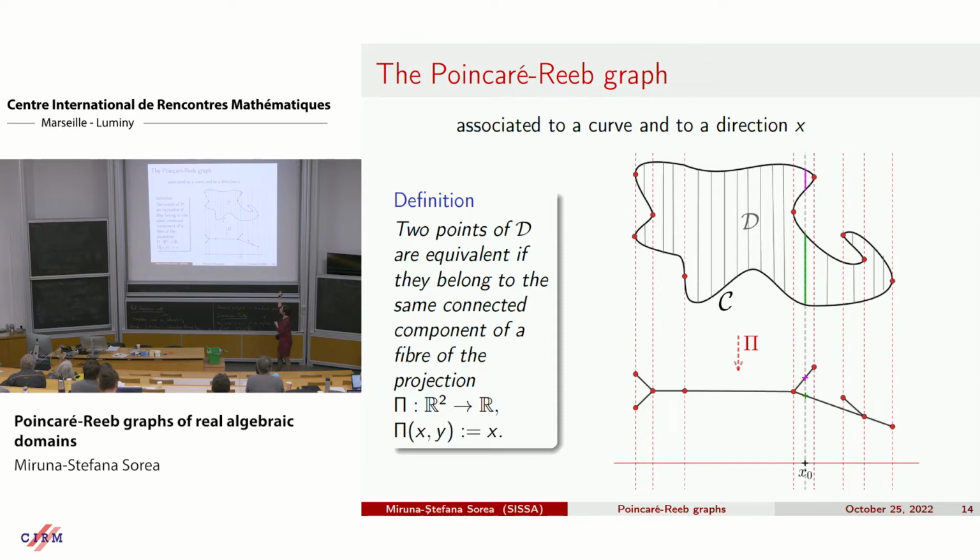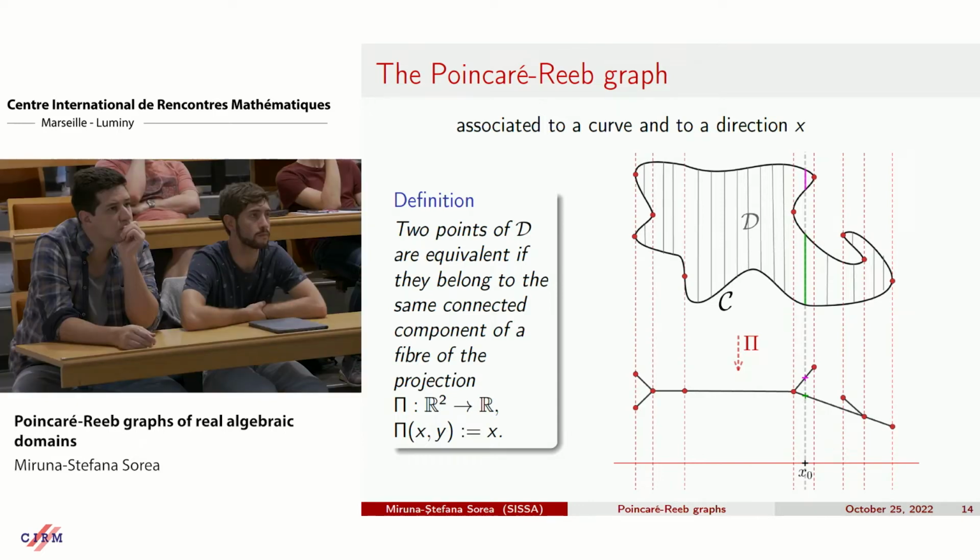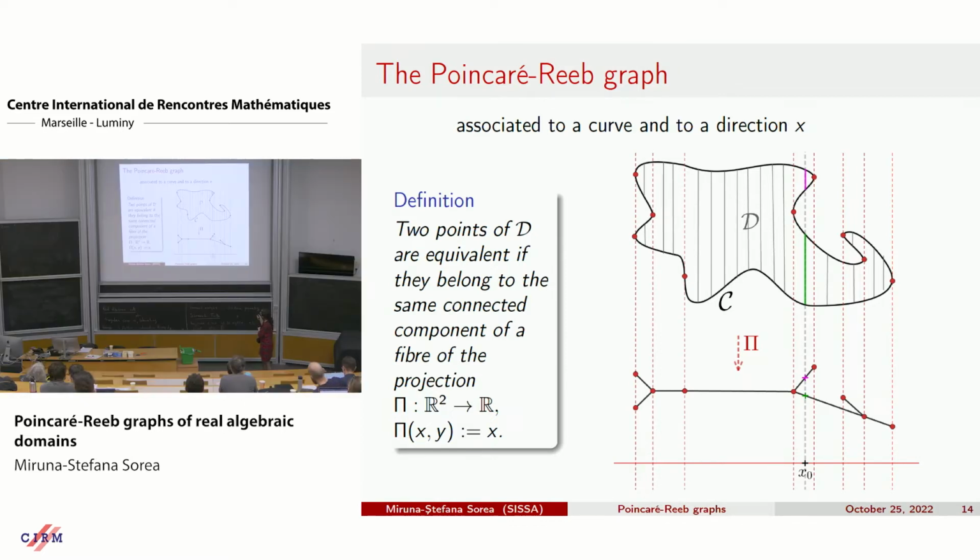If you have here the curve and the disk bounded by this curve, consider this projection, and then take a point x0 on the real axis, and look at its pre-image inside the disk via this projection. In this case, it is a union of this green vertical segment and the pink one. So what we do now is pass to the quotient.